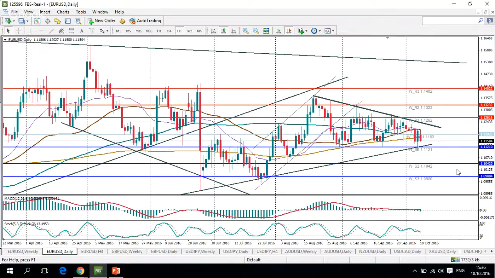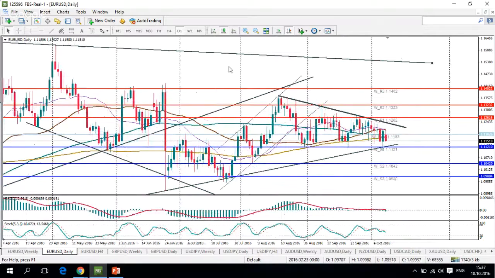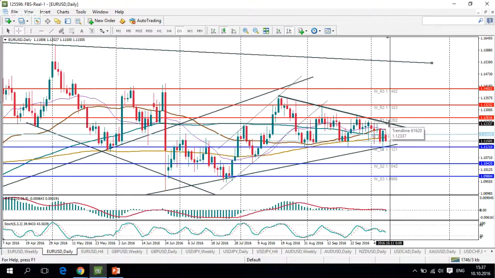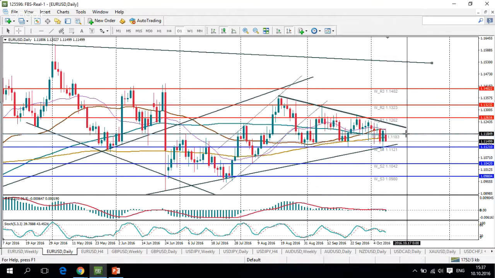So I believe that it is a negative factor. Resistance for the European currency is located at 1.1180 and also at 1.1205, and we have a resistance line located near 1.1235. I think this is the limit for the euro on the upside.